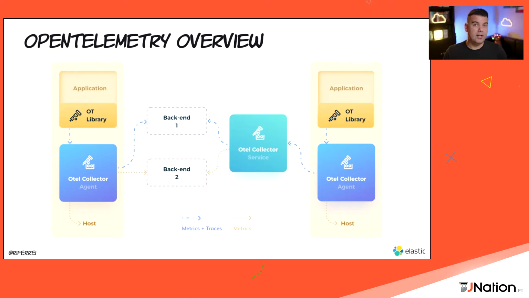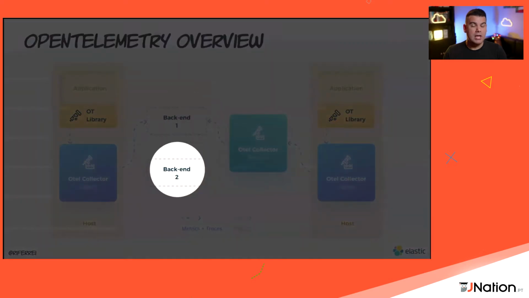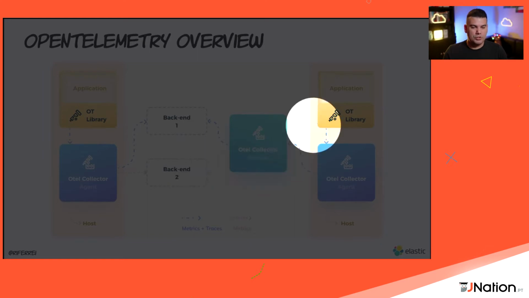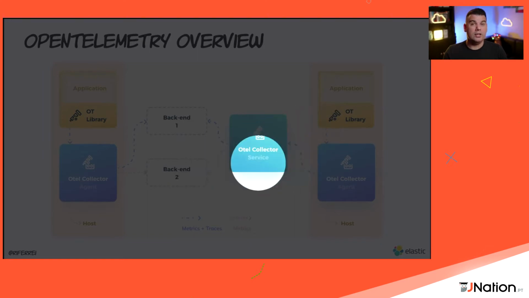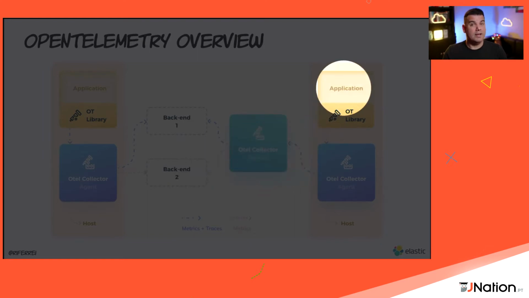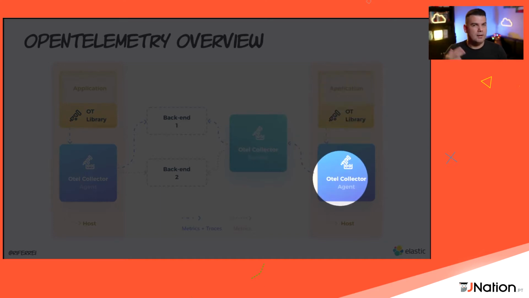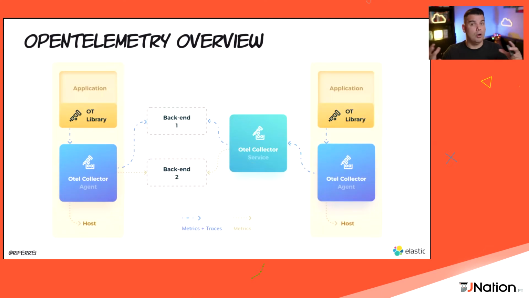If your backend does not support OpenTelemetry natively, you're going to have to create some translation layer in the architecture, which is the case of using the collector, right? So in this case, you're going to have an application that is being instrumented using libraries, and then all the telemetry data is going to be sent to this, let's call it collector. Well, its name is actually collector.